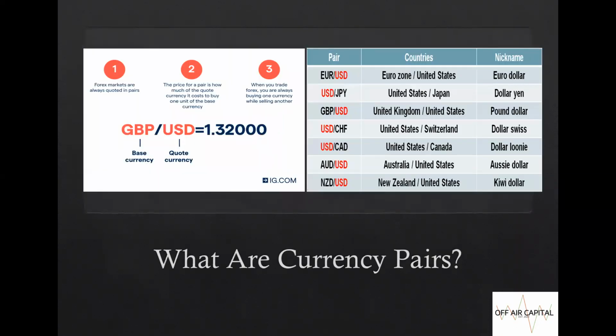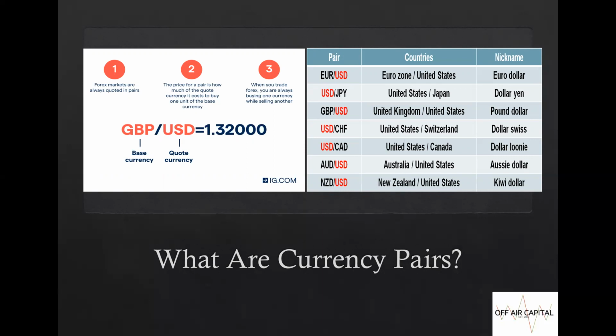So what are currency pairs? The major currency pairs that we look at are the euro versus the United States dollar, United States dollar versus the Japanese yen, Great British pound versus the United States dollar, United States dollar against the Swiss franc, United States dollar against the Canadian dollar, Australian dollar against the United States dollar, New Zealand dollar against the United States dollar.